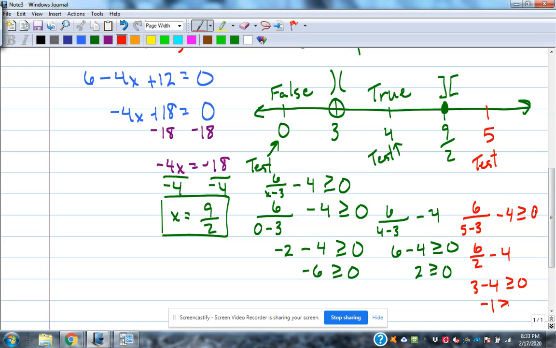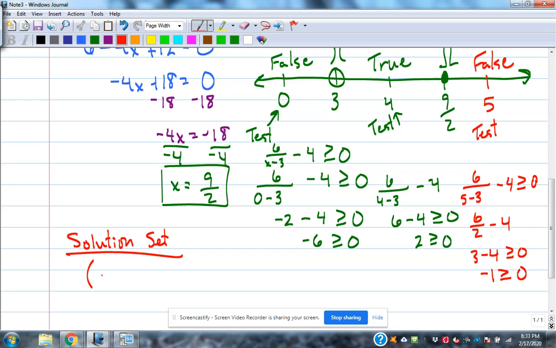That'd be negative 1. Is negative 1 greater than or equal to 0? No, that's false. So our final answer is the interval. So here's our solution. Positive 3 with a parenthesis to 9 over 2 with a bracket.